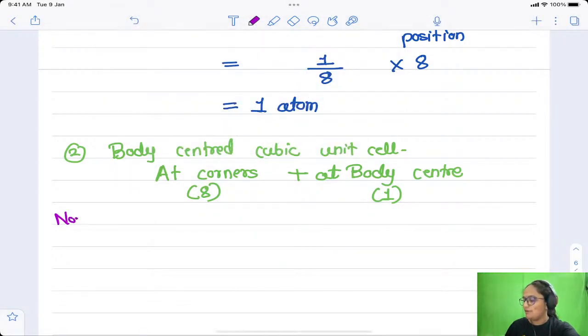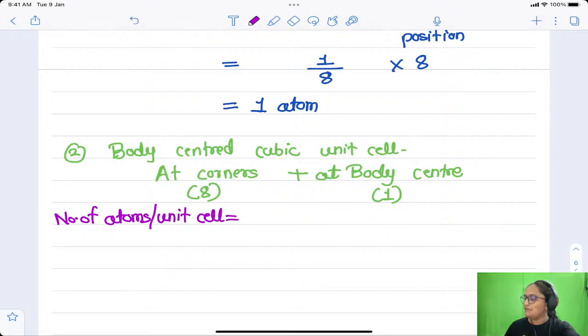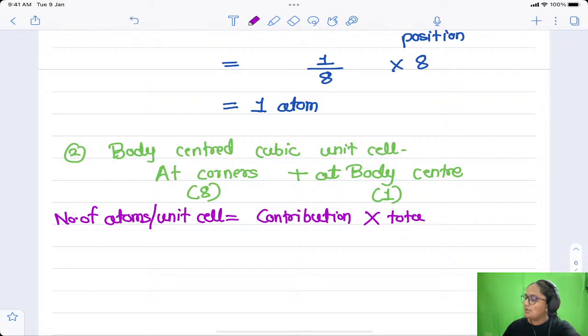The number of atoms per unit cell will be equal to, using the same formula, contribution multiplied by the total number of atoms at that position.